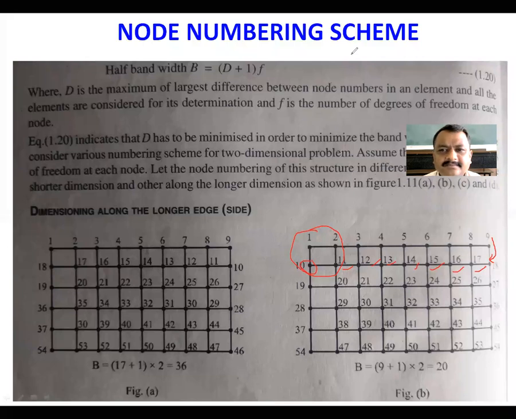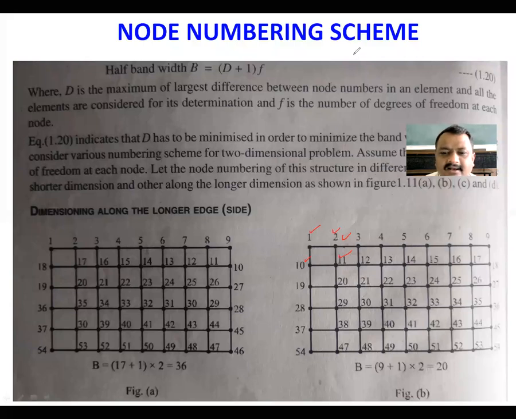Now if I take the maximum difference in the first element, it will be the same for any element you select. The difference between nodes 1 and 2 is 1, between 2 and 11 it is 9, and between 10 and 11 it is 1. The difference between 10 and 1 is 9.